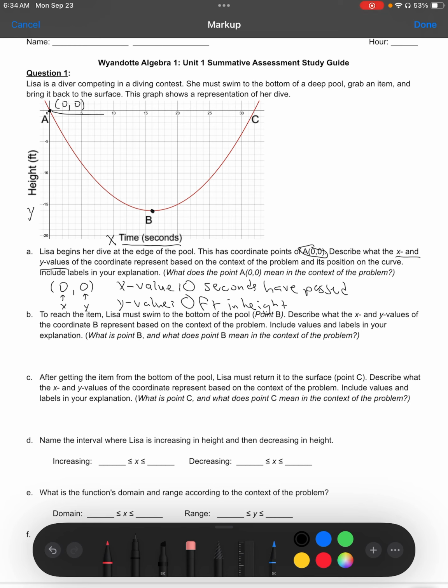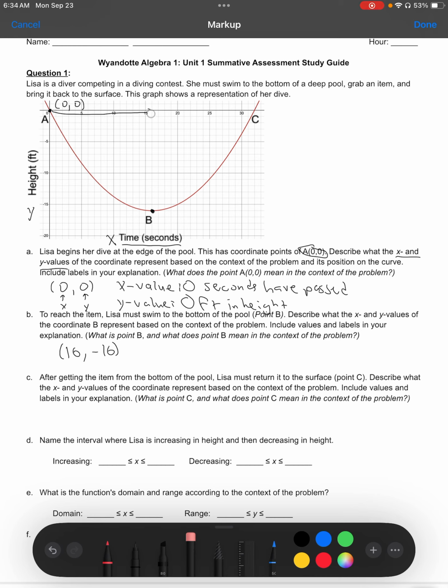If you go in this direction, you go 16 to the right, and then it is 16 down. So 16 to the right, that's my x value, so it'd start with 16. And then 16 down would be my y value. That would be negative 16, since we're going down. So point B is the point 16, negative 16.